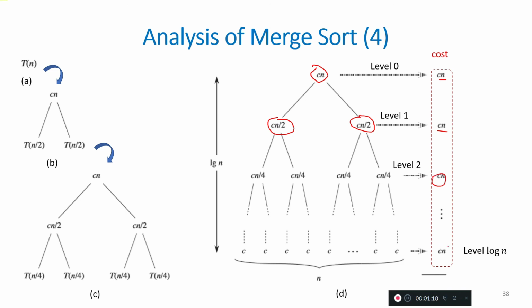And finally, for the last level where we have arrays of single-size elements, the cost of sorting each of them would be some constant value c, and there are n of them, so it will be n times c, which would again be the same. So we see that the cost across all the levels is the same.